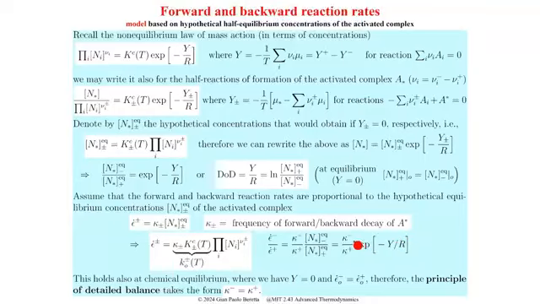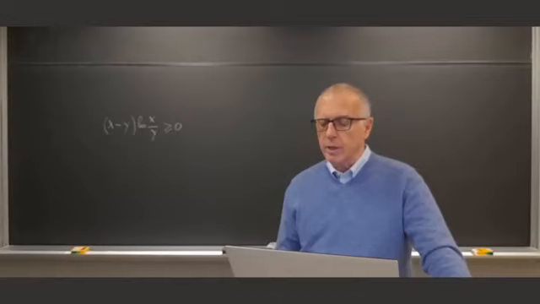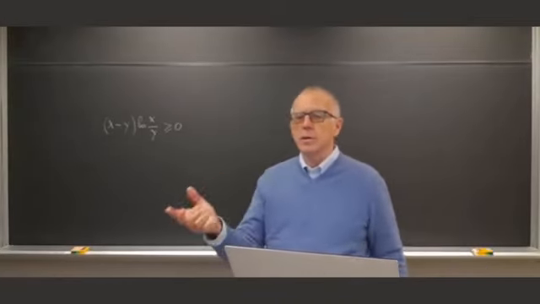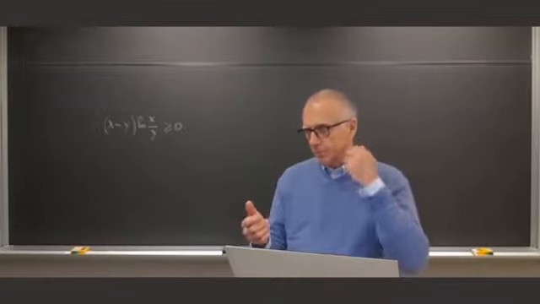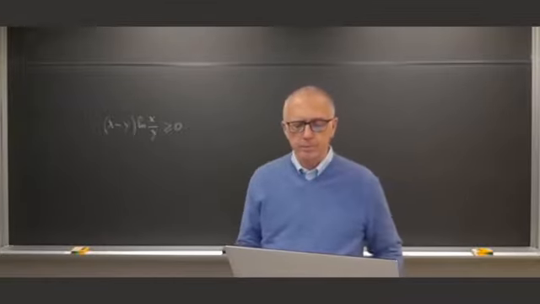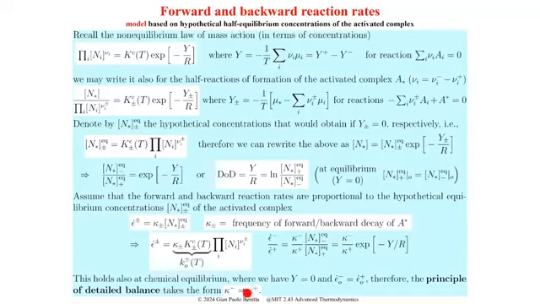That implies that K minus must be equal to K plus, so that this frequency of forward and backward decay is equal on both sides. It's symmetrical, which gives us some nice understanding.